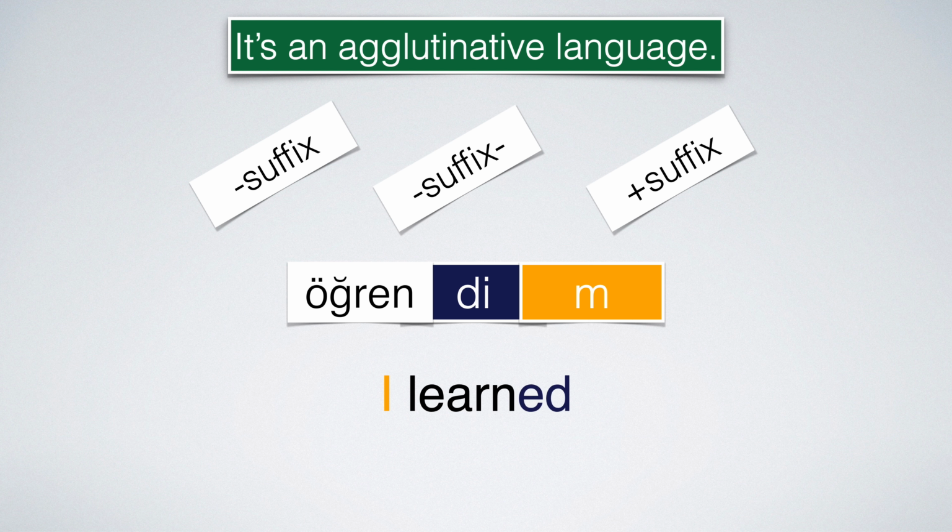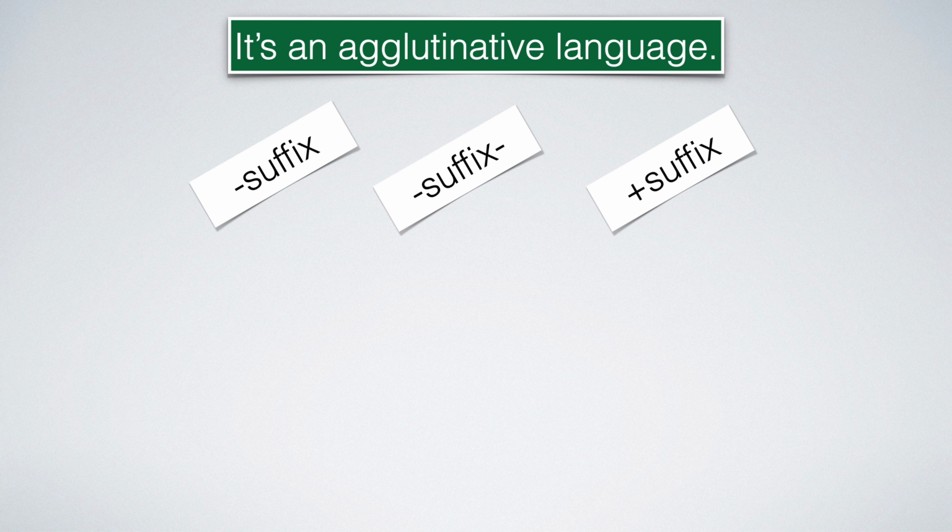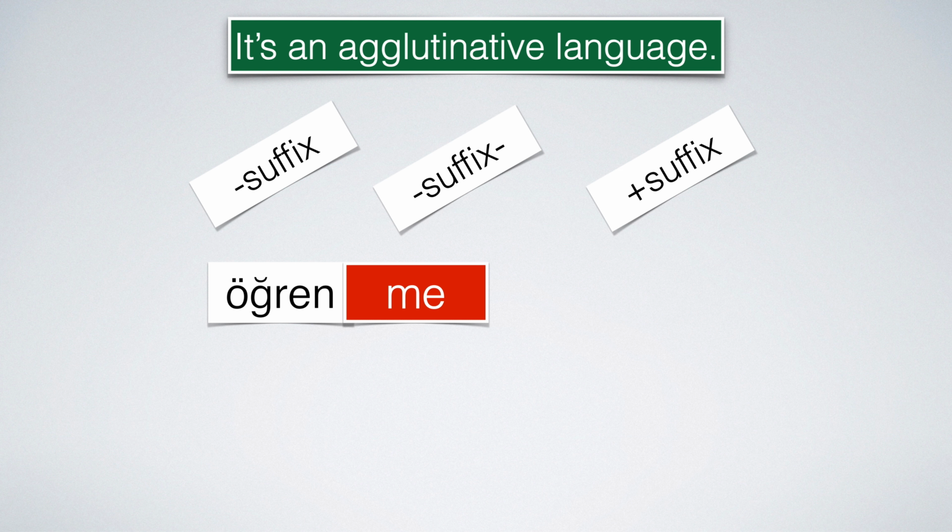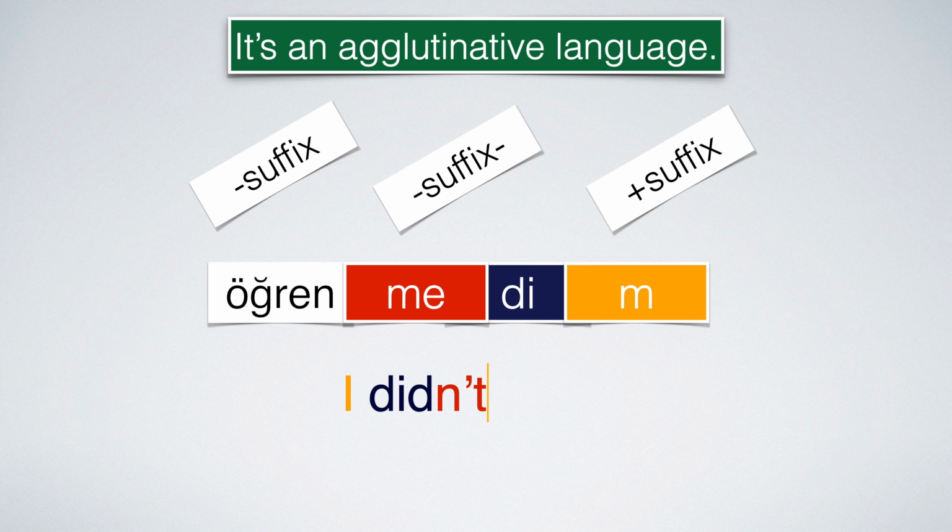I learned. Let's see the negation suffix also. Öğrenmek, again, is the verb stem. Me is the negation after verbs. D is the past tense suffix. Im is I. Öğrenmedim. I didn't learn. Hopefully you won't say that after this video.